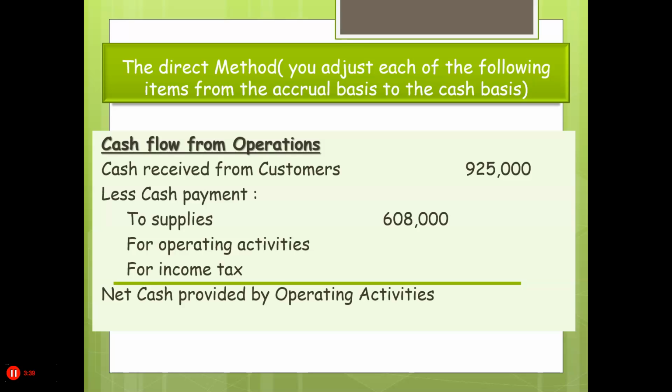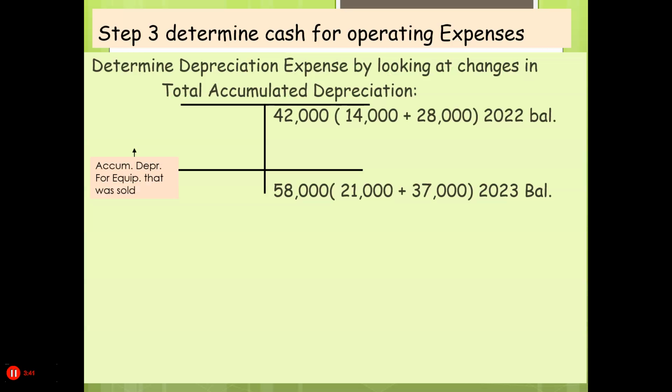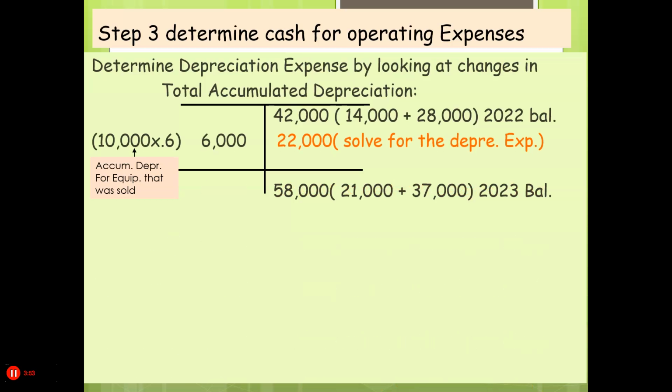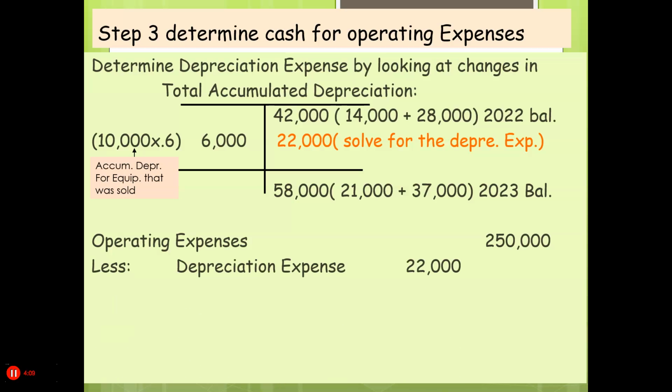Now for operating activity, I'm going to total the accumulated depreciation for equipment and building. It started at 42, ended at 58, and we know that we sold something, so we reduced it by 6, which means depreciation expense total was 22,000. So we know we had operating expenses of 250,000, but we have to take out depreciation expense because that's non-cash.